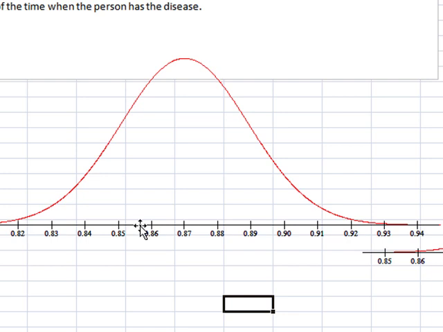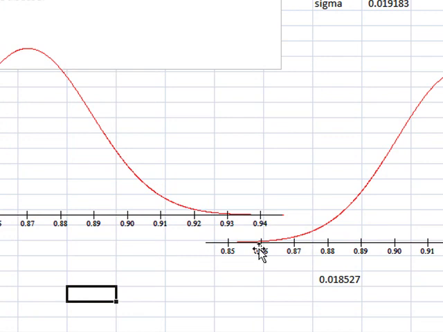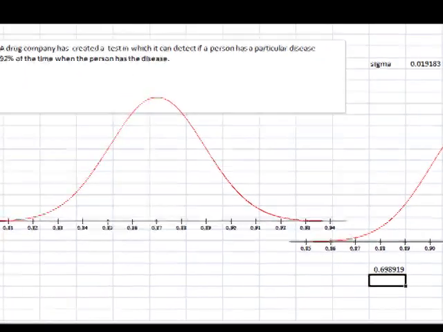Way more likely to occur. So for example, here I asked, what's the probability that I would get a sample proportion as low as 88% or even lower? This was the answer. But had this been the center, the answer would have been almost 70%. So it's a very, very likely number.